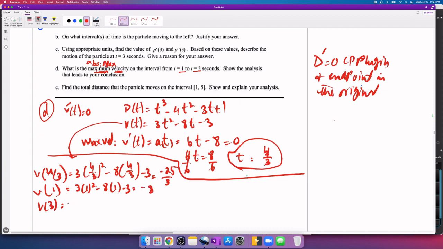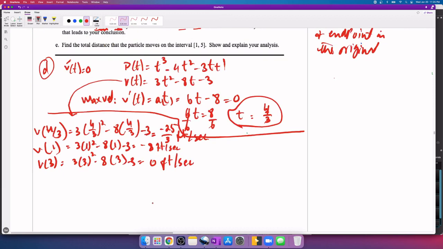Then plug in 3: 3 times 3 squared minus 8 times 3 minus 3 equals 0. And each one of them is in feet per second. So these are my absolute maximum candidates. Which one is the maximum in this case? 0.